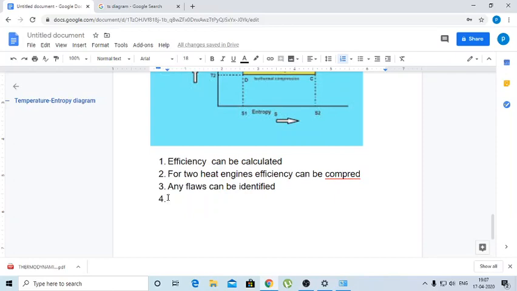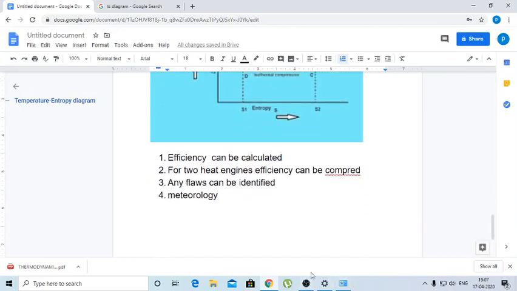So meteors can be studied using the temperature entropy diagram. So meteorology uses this temperature entropy diagram. So we have many advantages of the temperature entropy diagram. So these are the applications of the temperature entropy diagram.